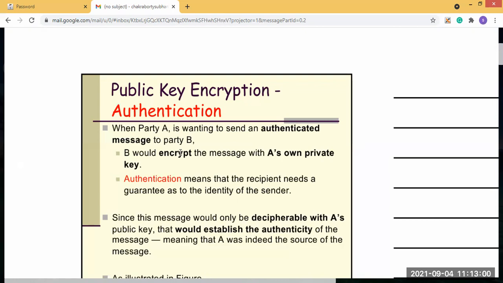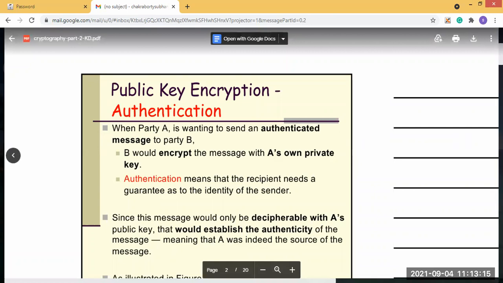Now, how will it be done? A would encrypt the message using A's own private key. Authentication means the recipient needs a guarantee as to the identity of the sender.